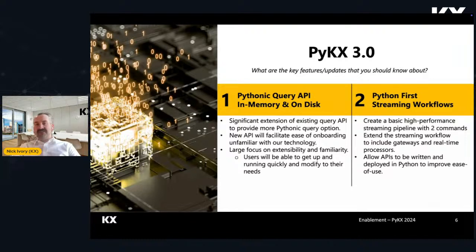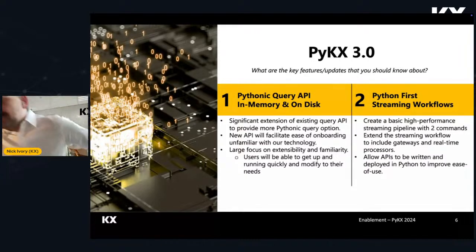But there are two main features that I want to highlight that are really important about this specific release. The first is the Pythonic Query API. This is a new feature, right? It allows you to query and interact with data tables using a Pythonic approach, as opposed to how you would previously using either Q or SQL.